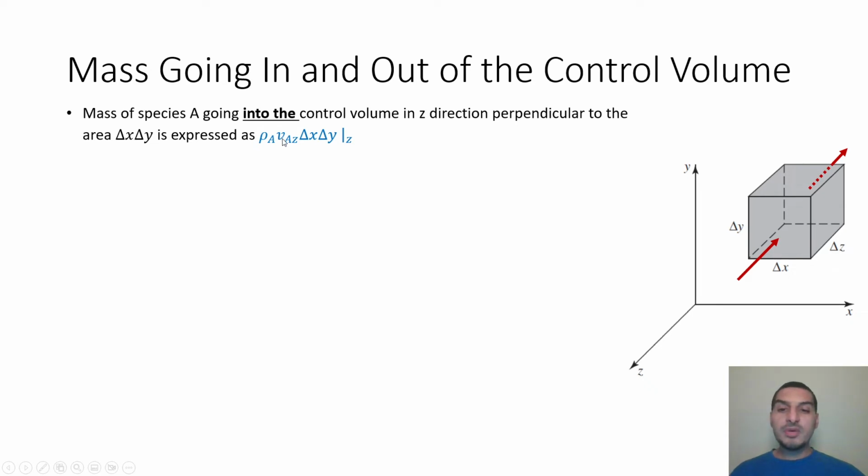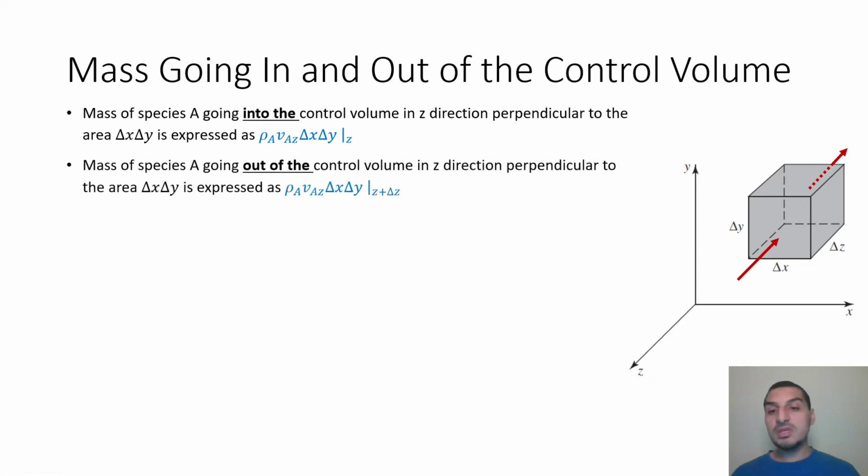And then if you multiply it by the velocity of A in the Z direction, you will end up with units of flux. It's going to be gram per centimeter square second. And then we are writing the balance based on mass rate, not mass flux, so we are multiplying it by the normal cross-sectional area. For this direction, the normal cross-sectional area is delta x delta y. So this is how the equation is at point Z.